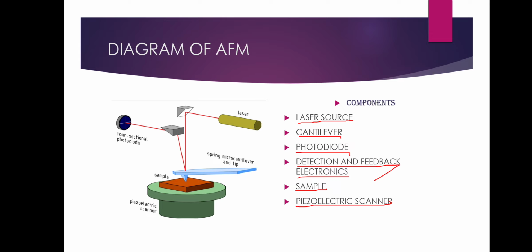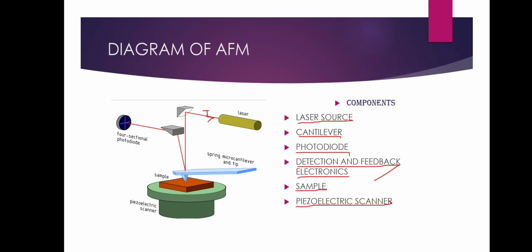From this laser source we get an incident laser, which hits directly on the cantilever, and from the cantilever we get a reflected laser which is collected by a photodiode.